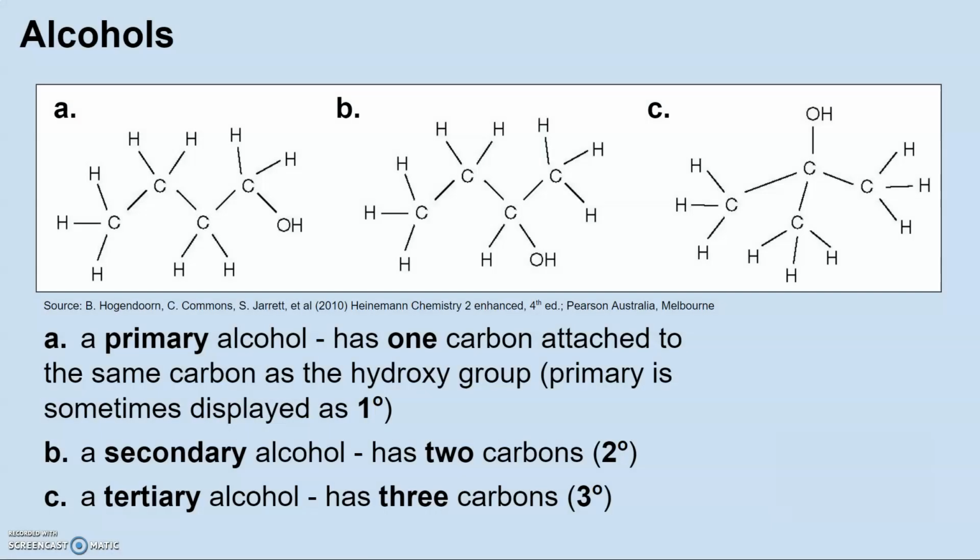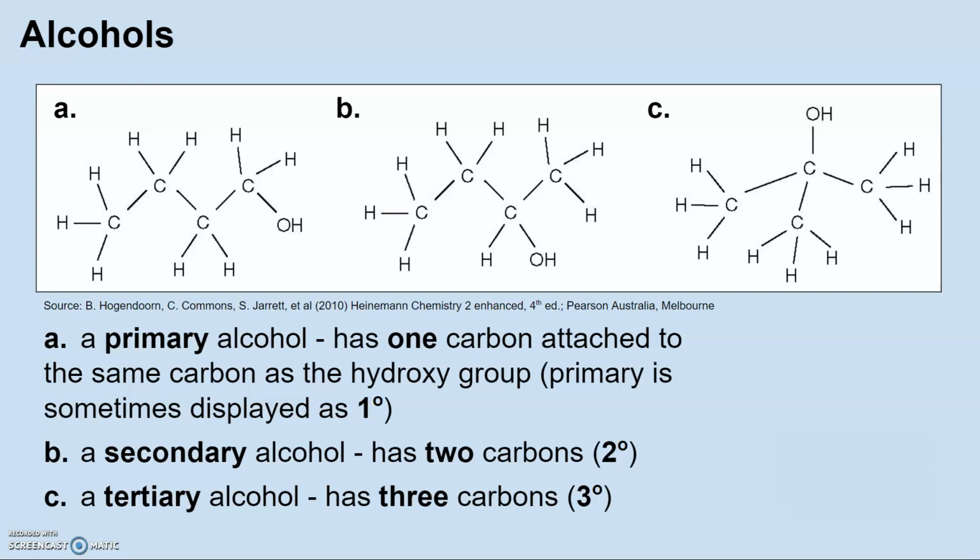Okay, reactions of alcohols. Thinking back, we've got a primary alcohol, secondary alcohol, and a tertiary alcohol. Remember, that refers to the number of carbons attached to the same carbon as the hydroxyl functional group. Primary alcohol, 1 carbon, so the alcohol sits on a terminating carbon.